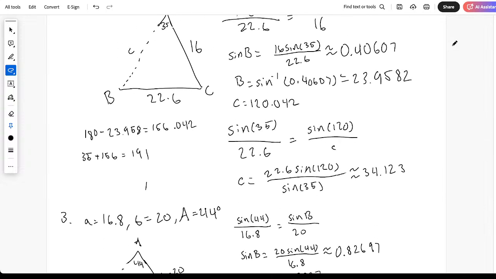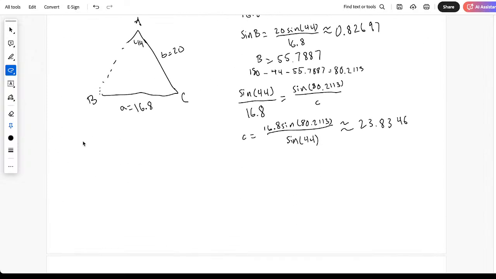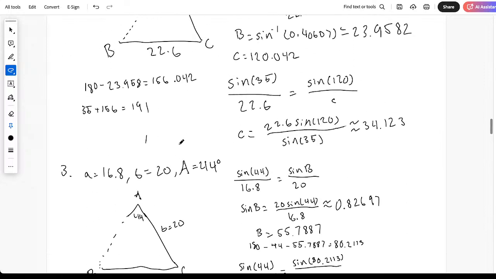I think we can take either B or C. So let's just take B. 180 minus. Oh, no. Okay. Yeah.